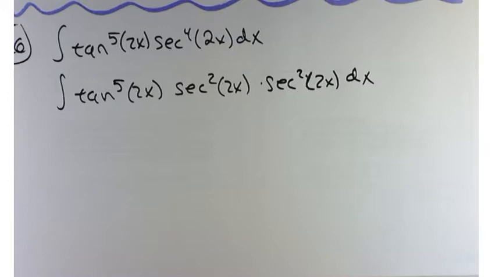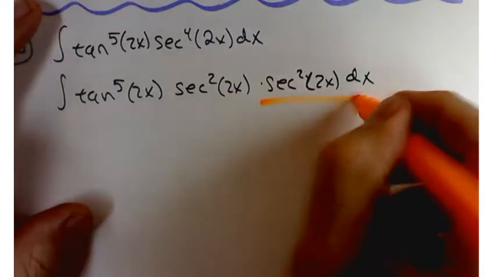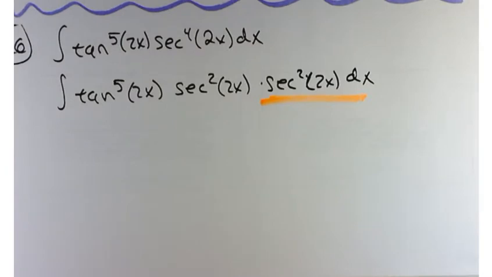All right, u should equal this. What u substitution do you think I'm headed for? U equals tangent. So if u equals tangent, think of the next step. What's the du term? Secant squared. So I need to keep this for my du term.